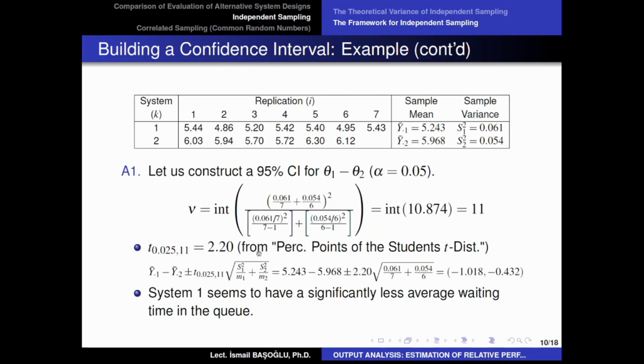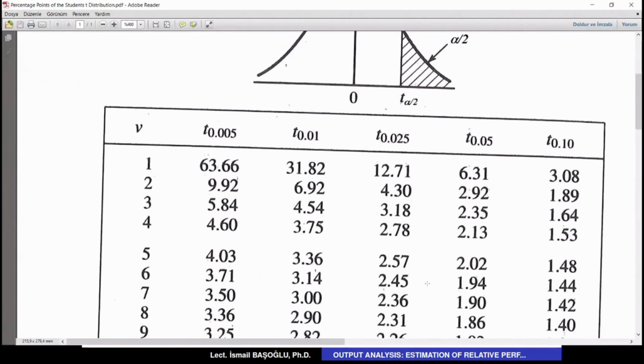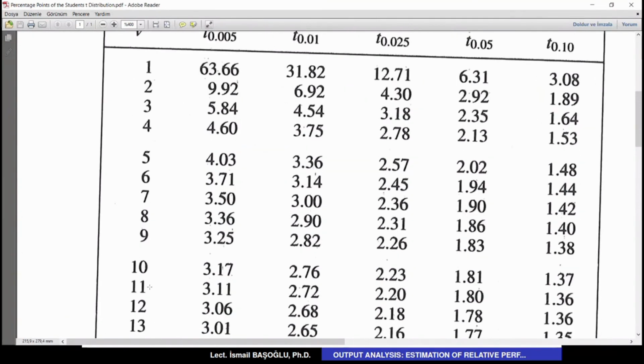So the t quantile for an alpha over 2 value of 0.025 and degrees of freedom 11 is 2.20. For the quantile value of 0.025, and for degrees of freedom parameter 11, my t quantile value is 2.20.